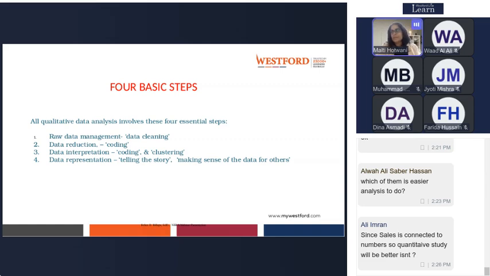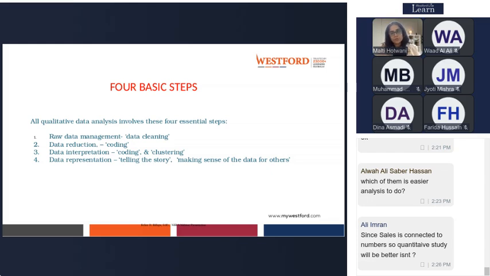Now there are 4 steps when you're collecting qualitative data. The data would be raw. It will be in the form of paragraphs for all the questions, so that's called raw data. First you will clean the data, where you have lots of noise, words which are not useful, things that are not relevant to the interview questions.